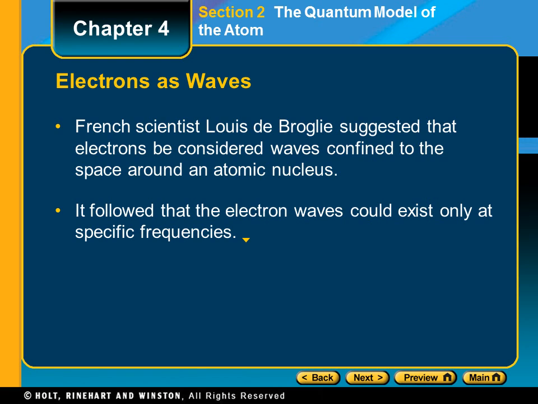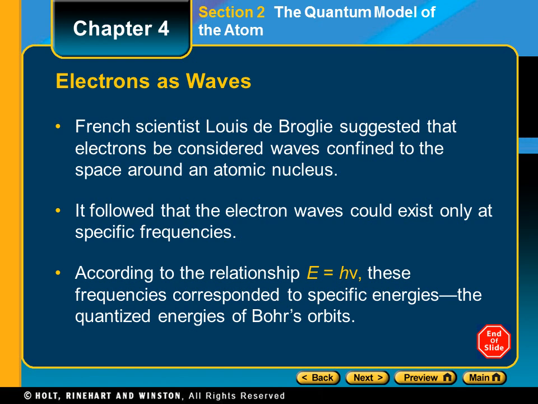So he further postulates that if these electrons are waves, they can only exist at specific frequencies. Remember, frequency is something that we measure in terms of waves, and it's a property of waves. And he uses the relationship mathematically produced, what we talked about before, to show that frequencies correspond to specific energies, and those specific energies are the quantized energies of Bohr's orbits.